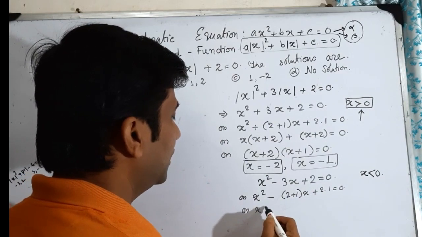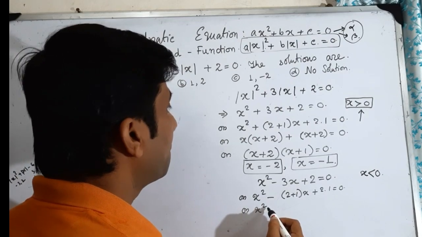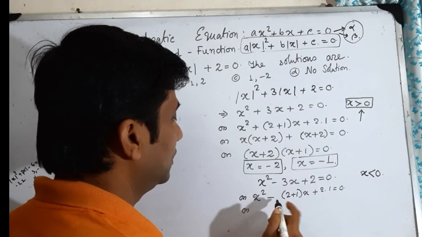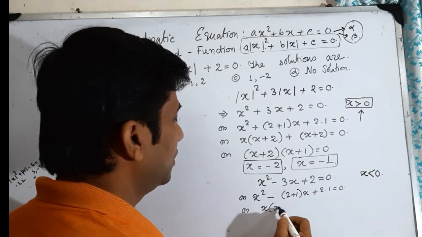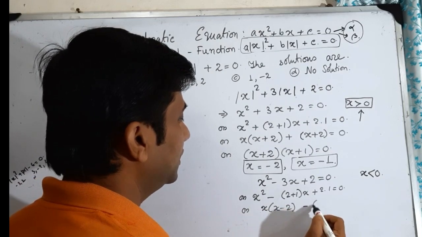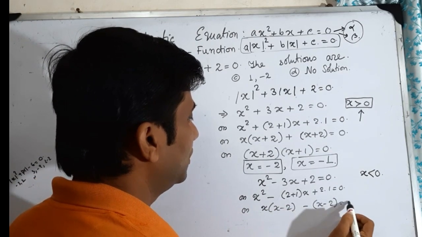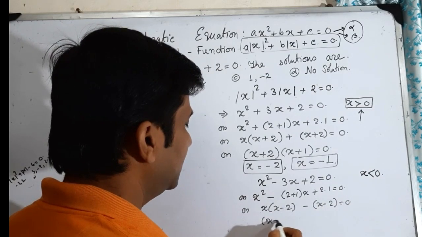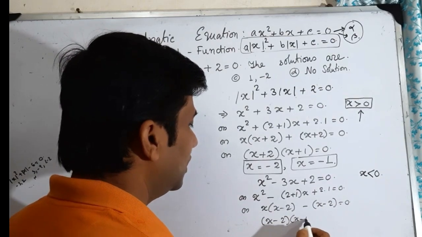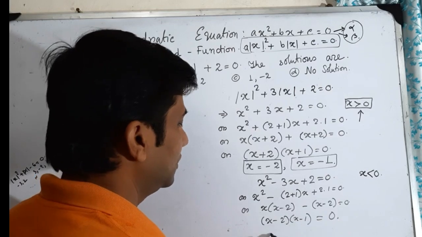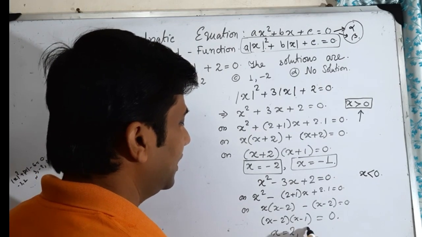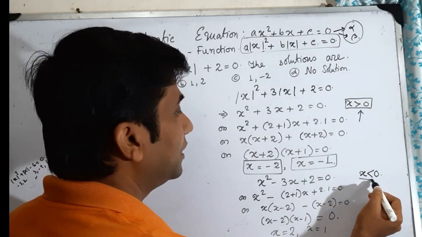This becomes x into x minus 2 minus 1 into x minus 2 is equal to 0, then x minus 2 into x minus 1 is equal to 0, then x is equal to 2 and x is equal to 1.